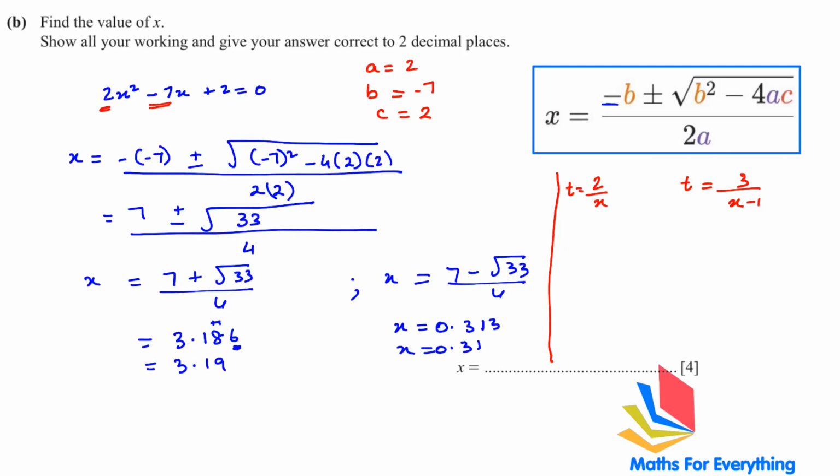If you replace in place of x 0.31, you are going to get a negative answer. Speed cannot be negative. That's the reason we are not going to use this answer, and the answer is going to be 3.19. I hope you understood the reason for choosing this answer.